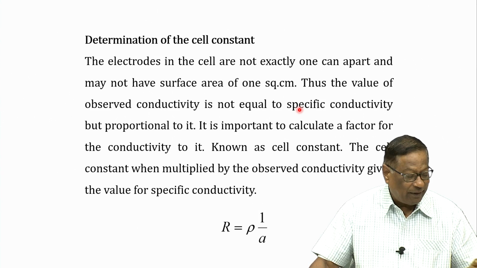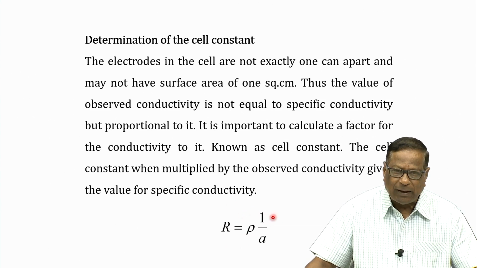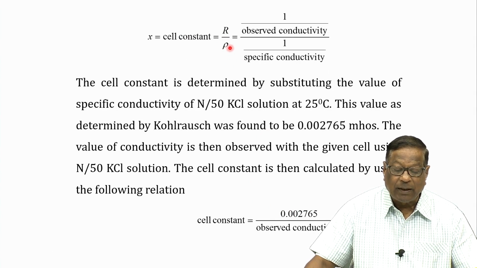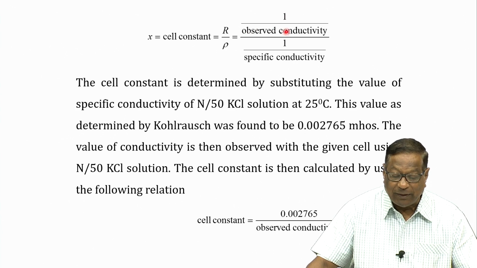It is just a small factor given by this expression R is equal to rho into L by A. This is the specific conductivity definition anyway. So, X is equal to the cell constant, that is resistance divided by conductivity, or I can say 1 over observed conductivity divided by 1 over specific conductivity.